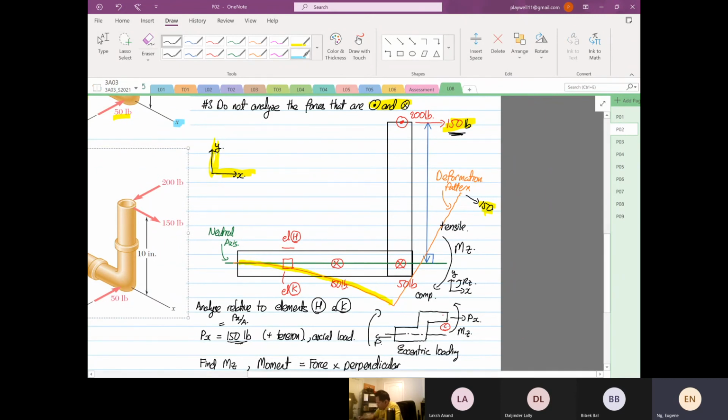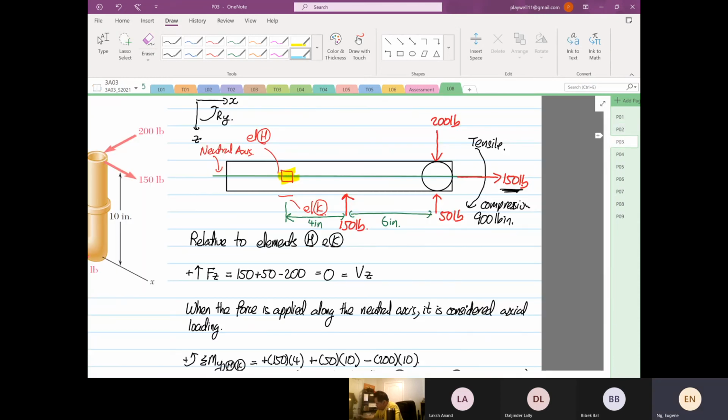Neutral axis. I'm talking about this one. Well, for this case, we're not taking towards the neutral axis, but we are taking towards the what? The element, right? So when is it towards the element and when towards the neutral?